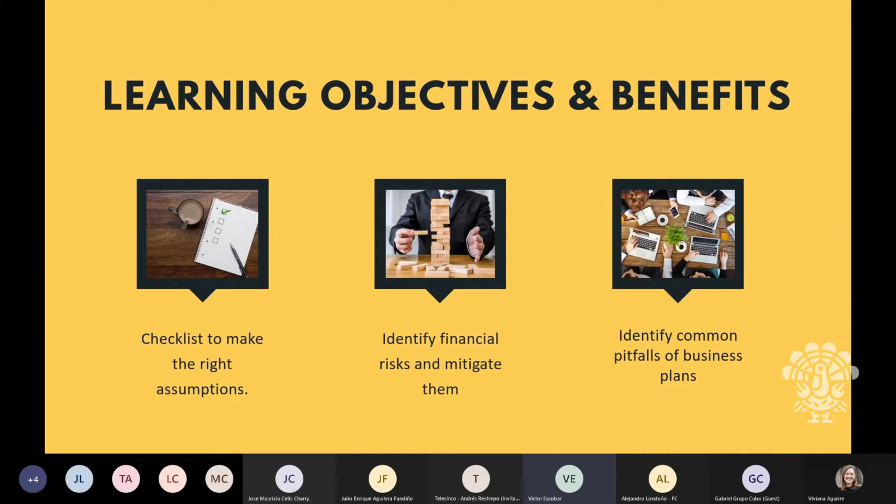The second one is to identify the financial risks and how to mitigate them. We will be checking some of the risks that you can have and maybe a couple of solutions that you can use to tackle those risks or issues that can appear. And the final one will be to identify common pitfalls in your business plan.